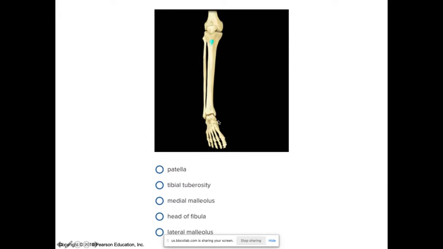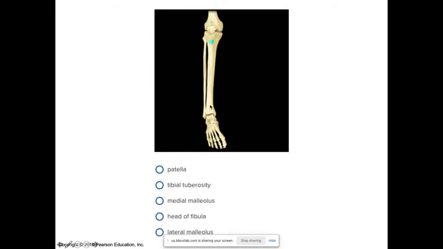So your great toe is medial, which means this is your medial condyle and your lateral condyle of the tibia. The tibia is the larger leg bone. The fibula is the thinner one. Just remember, you tell a small fib, so the smaller bone is the fibula.